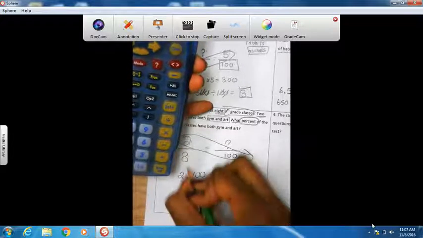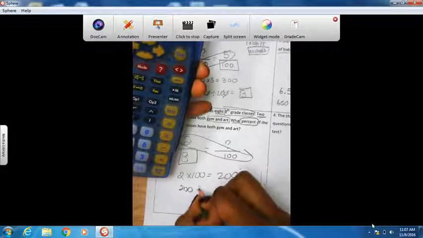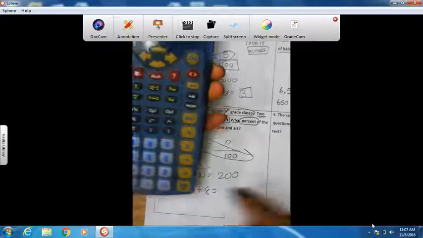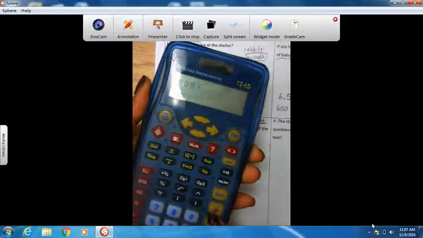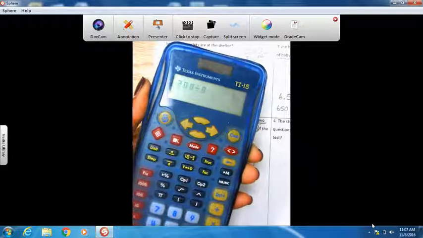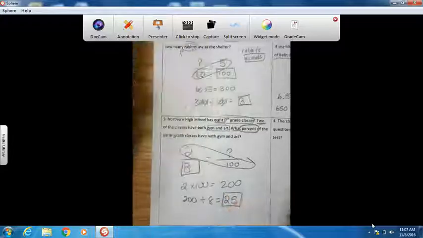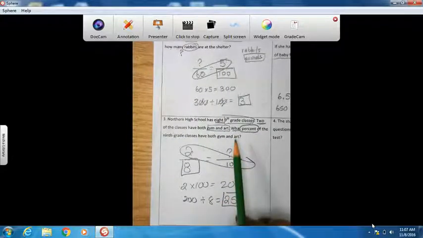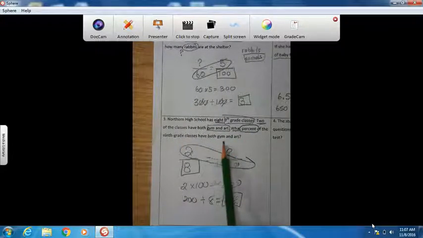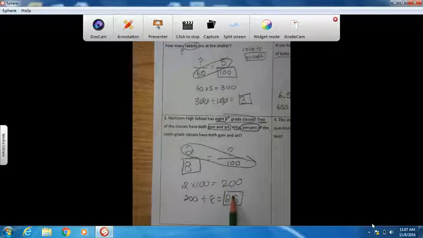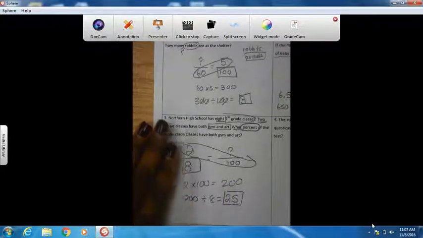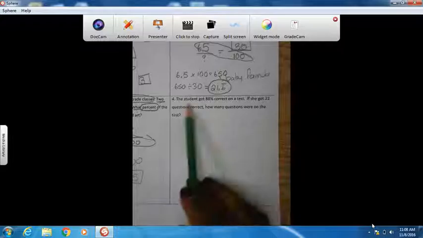Do our 200 divided by our lonely number, divided by 8, and that gave us 25. There's our final answer. So what percent of the ninth grade class have both gym and art? 25%.